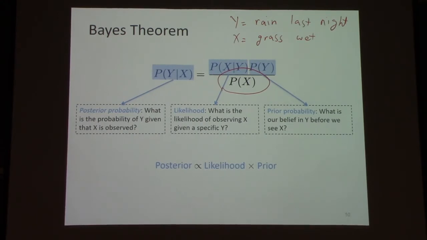So P of X given Y is the likelihood of X. It's the conditional probability, also called the class conditional probability if you are being a Bayesian classifier. I'm assuming here that there's an input-output situation. We have some inputs, X, and we care about the state of Y.